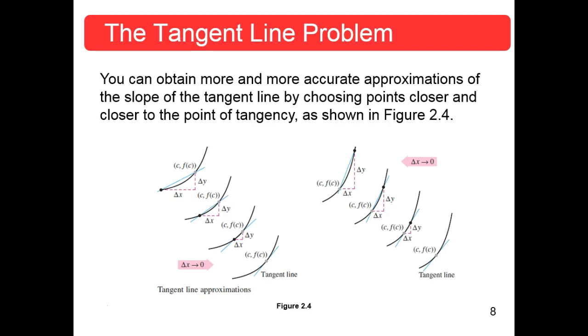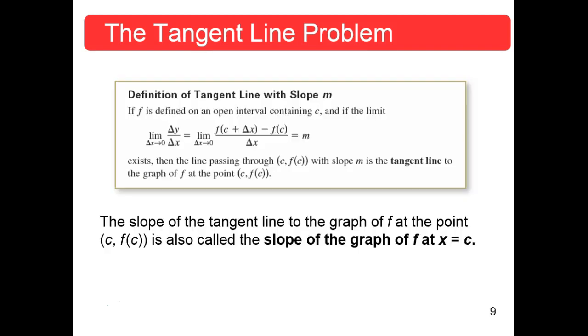So that's your tangent line approximations. So guess what you're doing? A limit as the delta x is approaching 0. That's why we did the limits. So here's the definition of a tangent line with slope m.